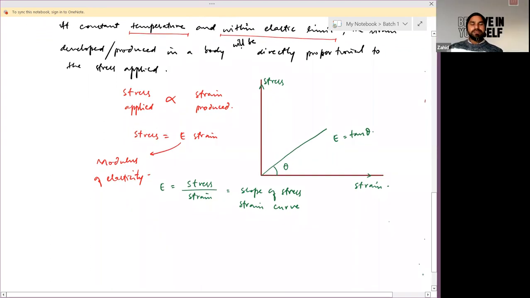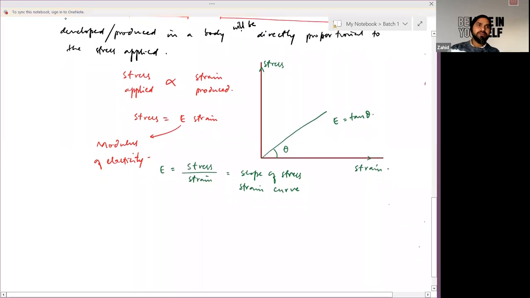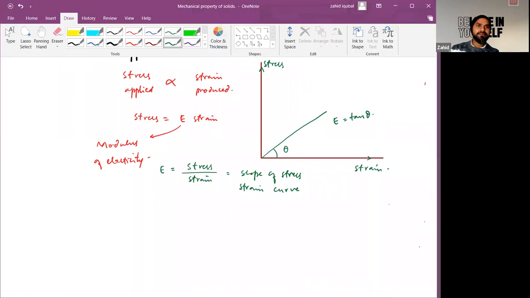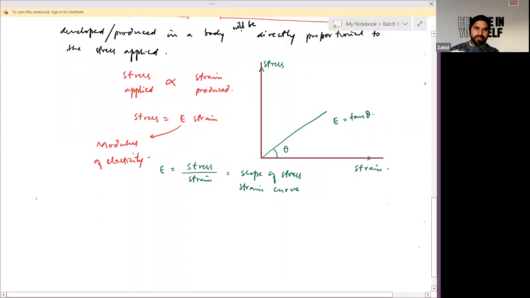Now let me define for you the characteristics and properties of modulus of elasticity. This modulus of elasticity defines the elastic behavior of a substance, the elastic behavior of a body.